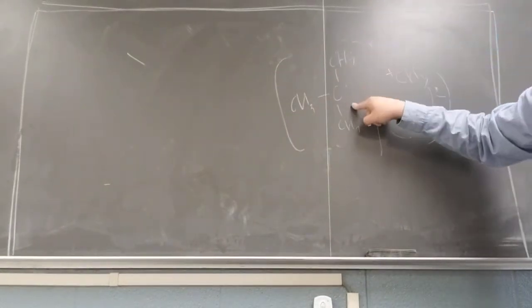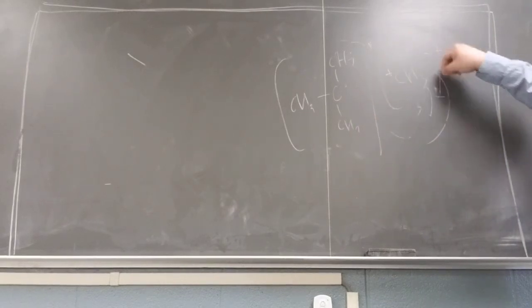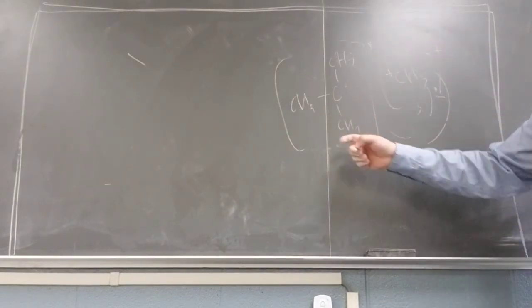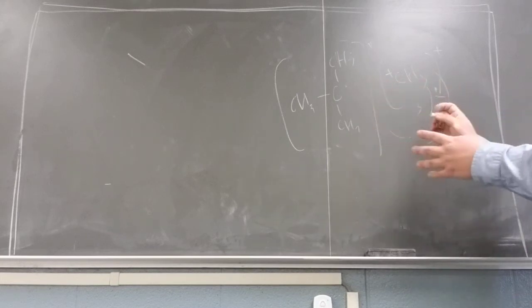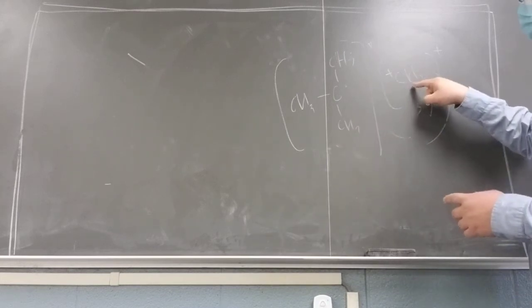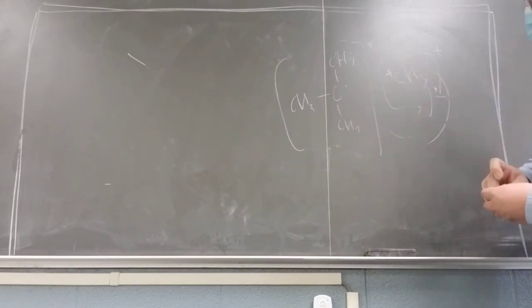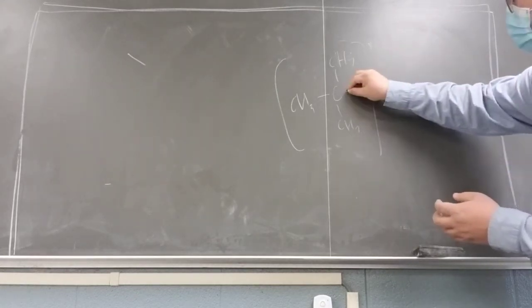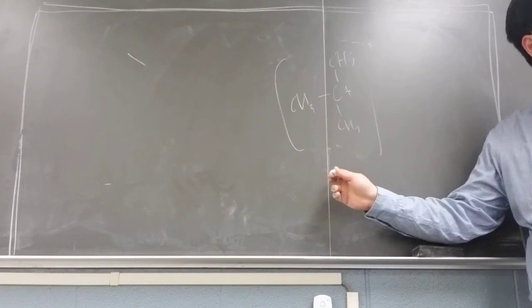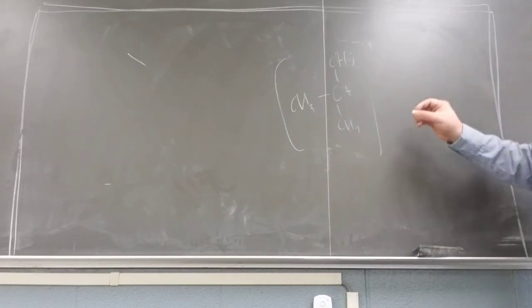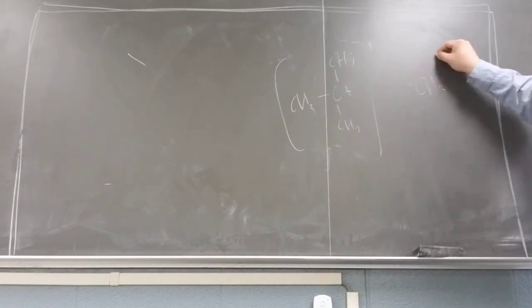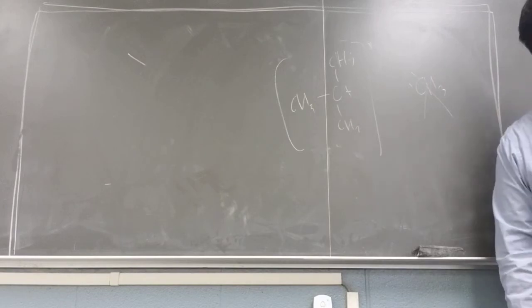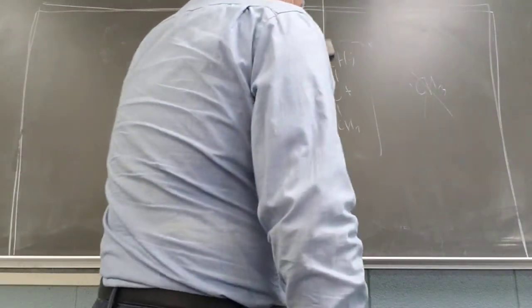This could be the radical, this could be the cation, right? Either way, but this will not be happening because this would be very unstable. That is why you get this one with the positive charge, and this is the one you're going to find in the graph. This one will not be shown on the graph.